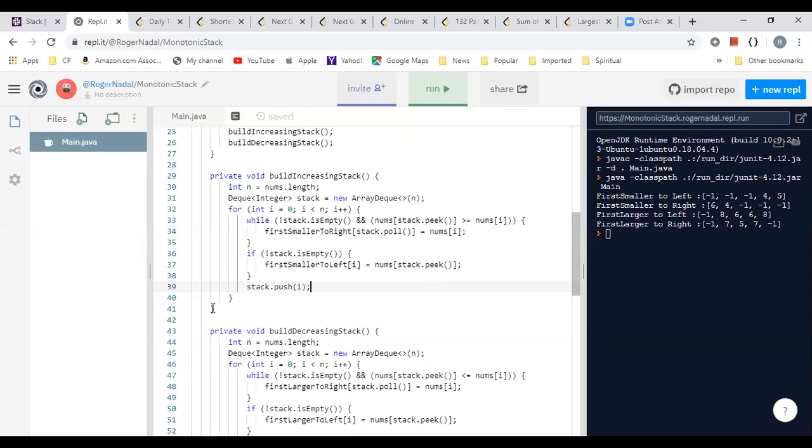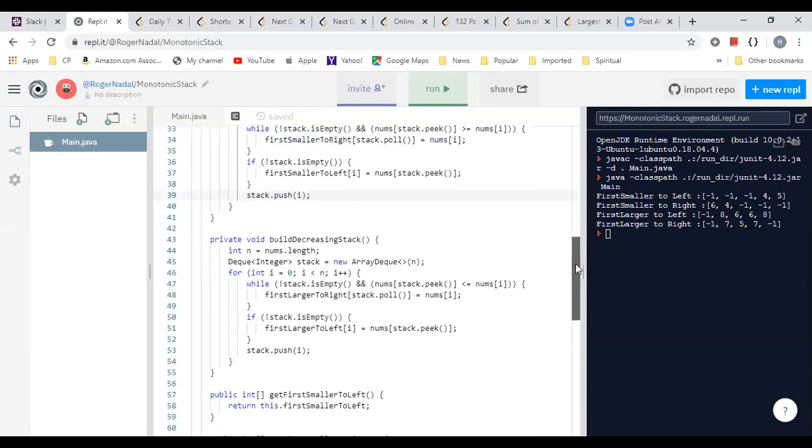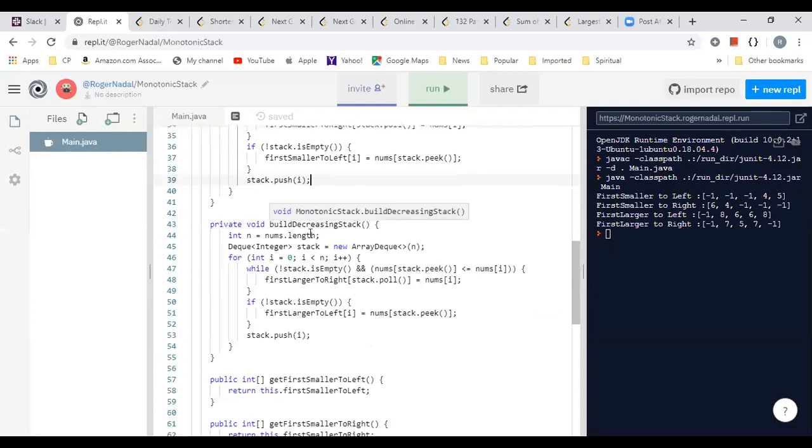So this was the increasing stack. Similarly, the same logic we talked about applies to the decreasing stack. We go with a number, we create a stack, we go through this loop. When we are maintaining the decreasing stack, the guy who got kicked out will note who is the first guy towards my right that is larger.